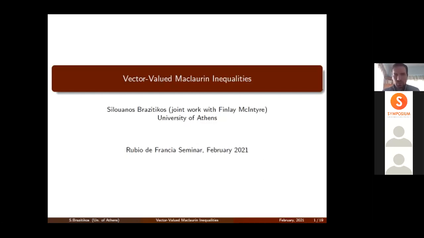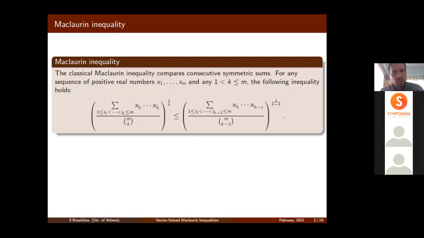Well, the topic is the Maclaurin inequality. The classical Maclaurin inequality compares consecutive symmetric sums, which means that we have some positive real numbers, let's say m of them, and we compare the k-th symmetric sum, which is the sum of all k-products of these m numbers, and these are, of course, m choose k.